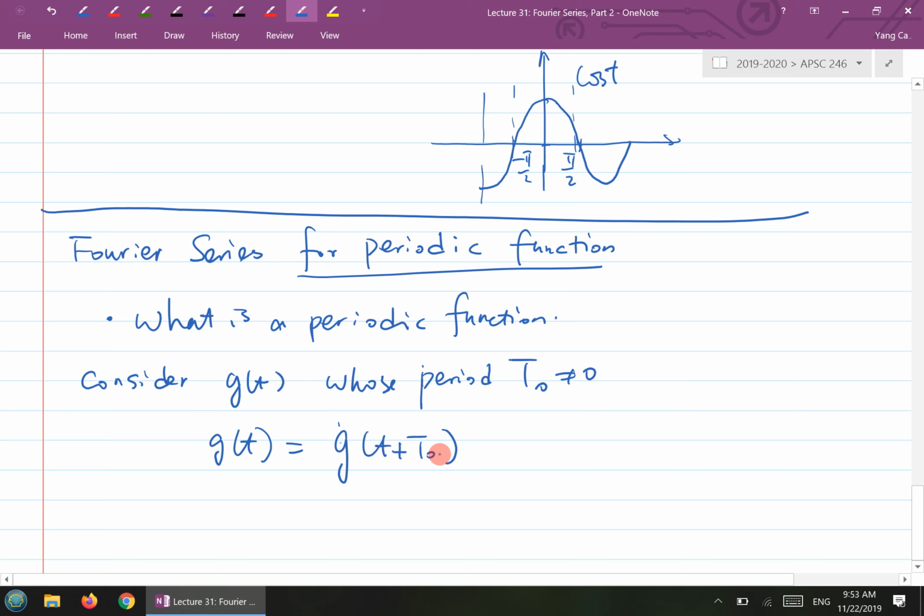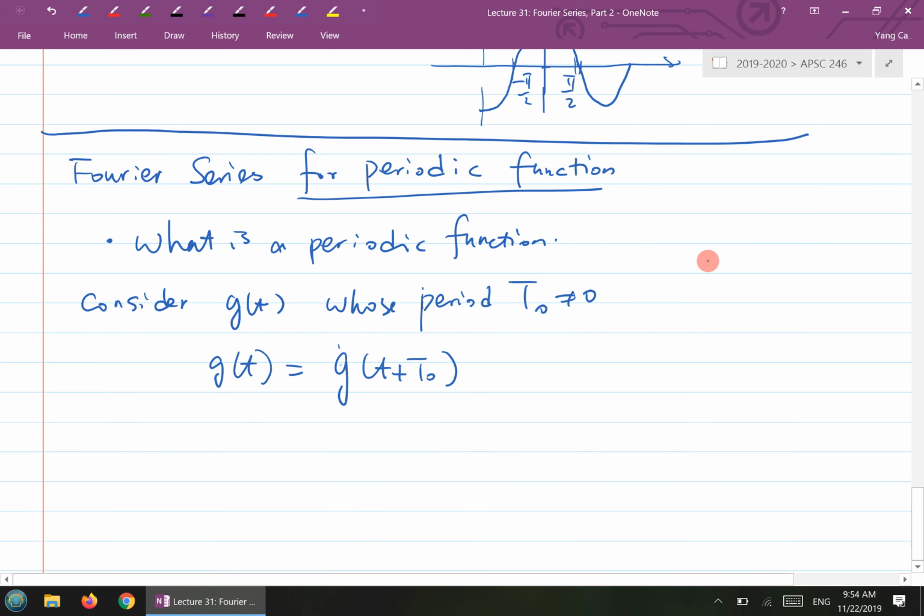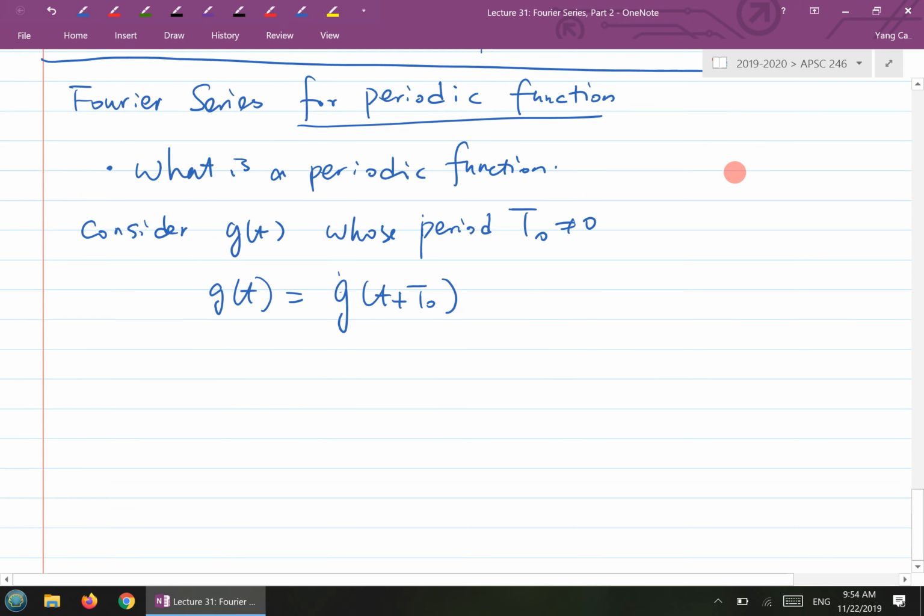So if you shift it by t naught, it doesn't matter whether you shift positive or negative. Even negative is also okay. One of the abilities you need: if I give you a graph, you need to be able to identify t naught from the graph.